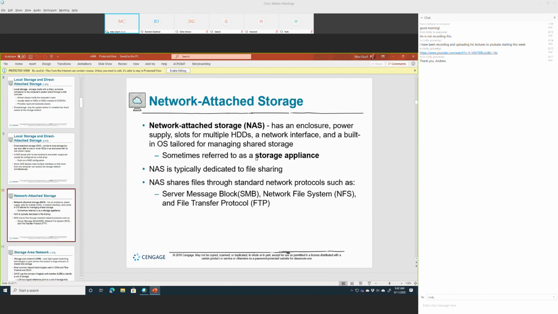But what I'm trying to say here is you can configure it with RAID if you have multiple disks, and you can access it from anywhere. It's like an FTP server, and you can share files if you want to, or transfer, whatever. To access it, you need to have some kind of user account and a password to access the information.